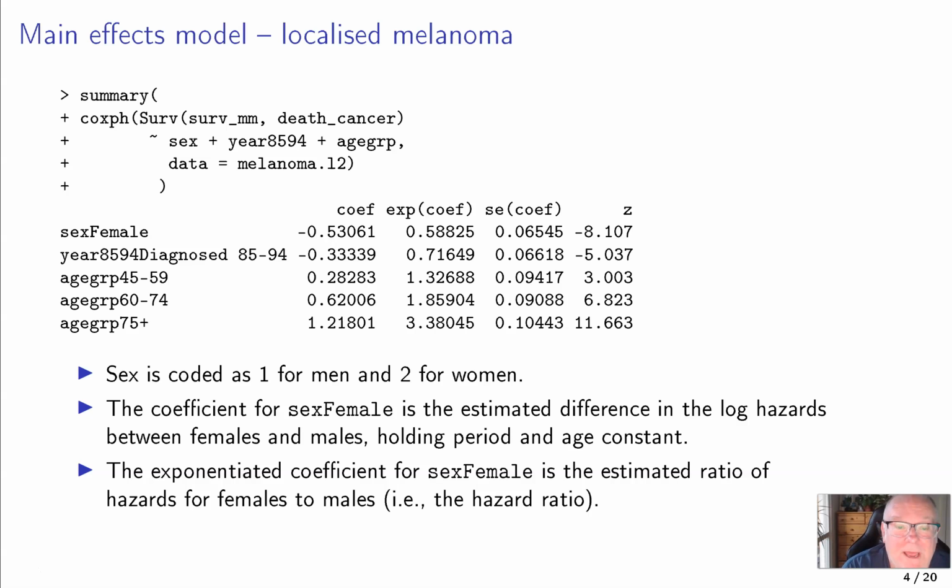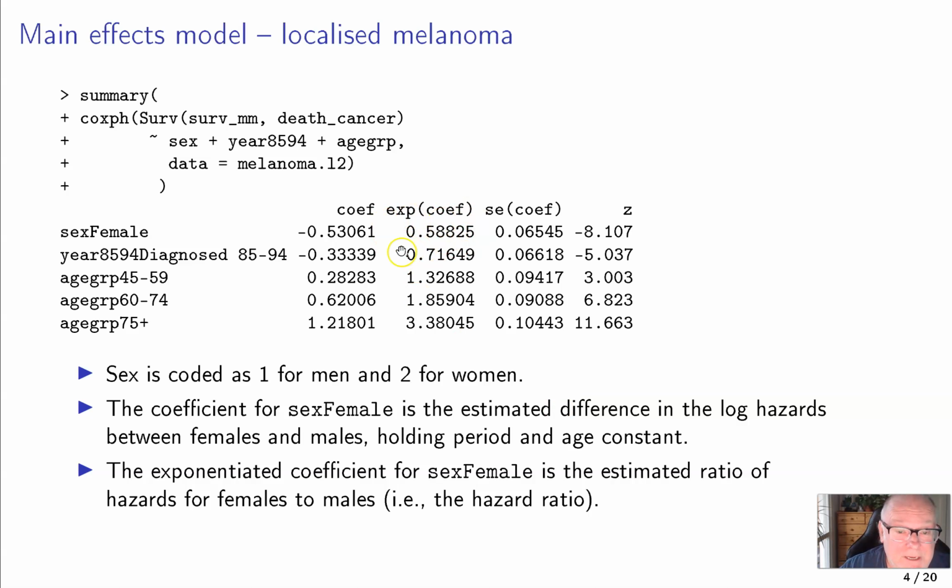Now, log hazards are not especially interpretable, so we typically look at the exponentiated coefficient, which is the estimated ratio of hazards for females to the hazard for males. That is the hazard ratio, while holding period and age constant.